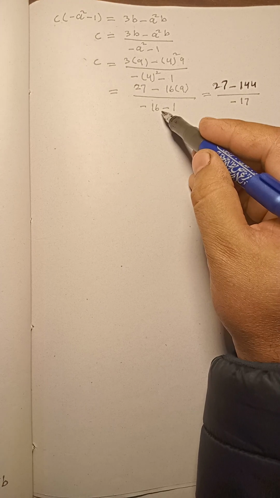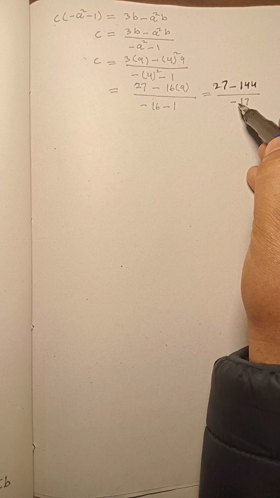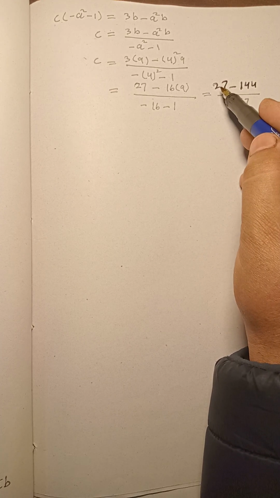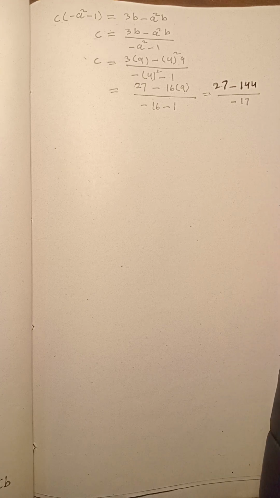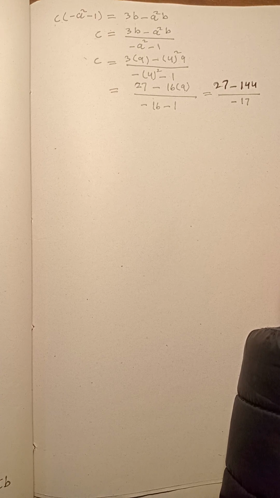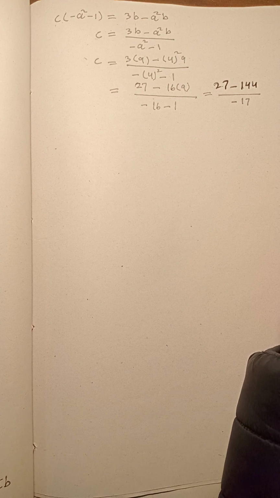Minus 17, because both have a negative sign, we add and write the negative sign there. Now subtract 27 from 144, we have already subtracted it, that was 117.